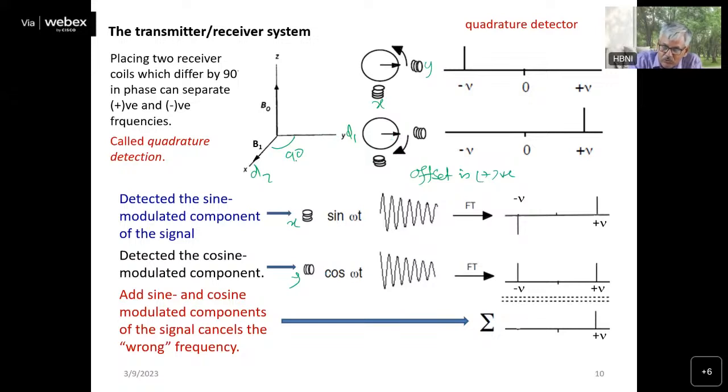Initially, because your magnetization will come here, you will not see any signal; it will come to the y-axis, you will not see any magnetic moment in here, so the detector signal along the x-axis is 0.